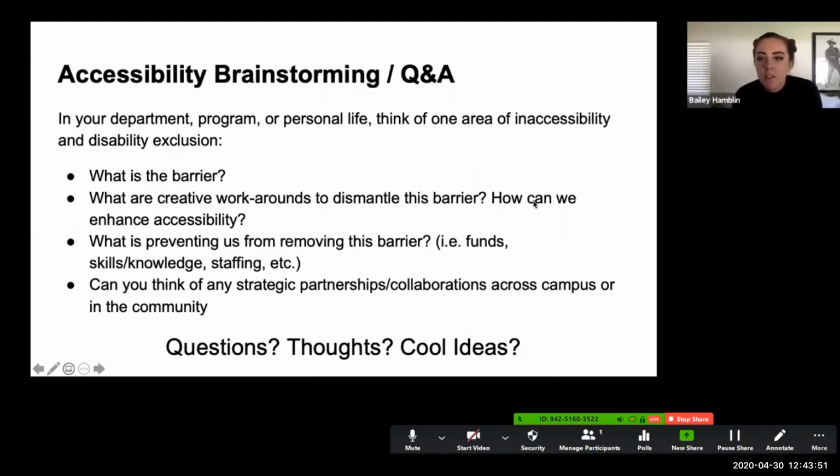Any other thoughts? I'm interested to hear just from different departments. Are there any strategies that folks are interested in implementing, but they're not quite sure how to start, or how to begin? Were there any strategies mentioned that you were like, oh yeah, that one could specifically work for us, or that seems doable?